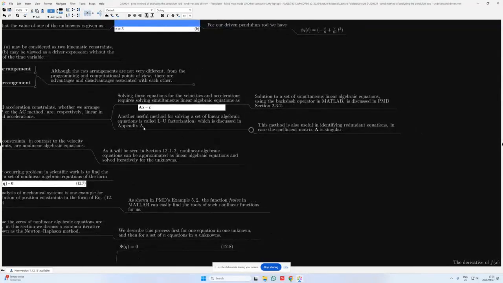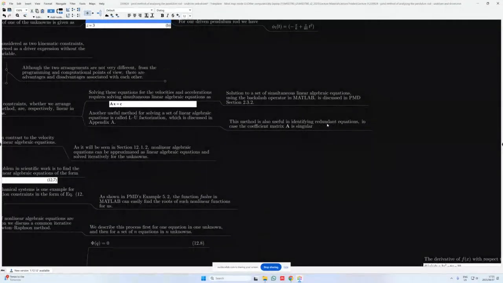And this is then discussed in Appendix A if you're more interested in the actual factorization scheme in this case. And this method is also useful in identifying any redundant equations in case the coefficient matrix A is singular in nature.